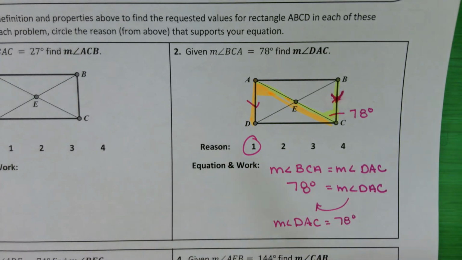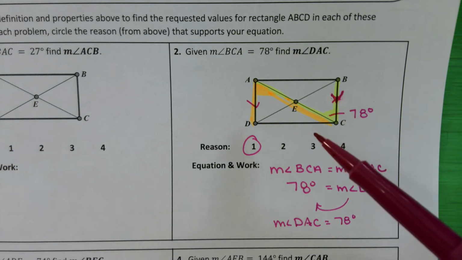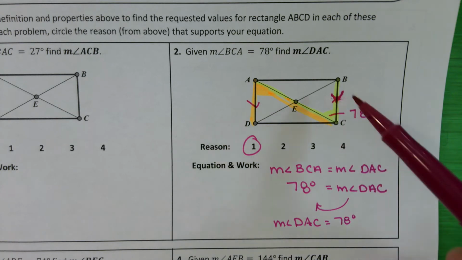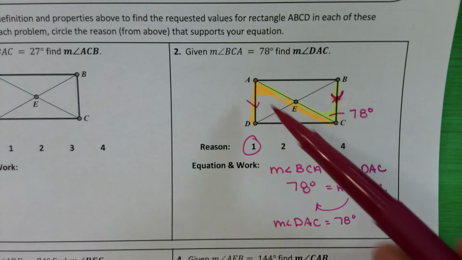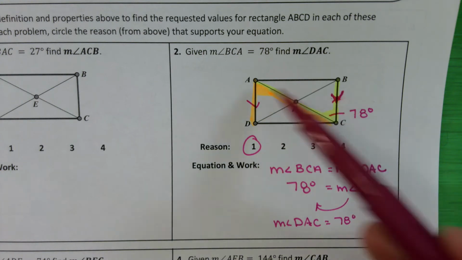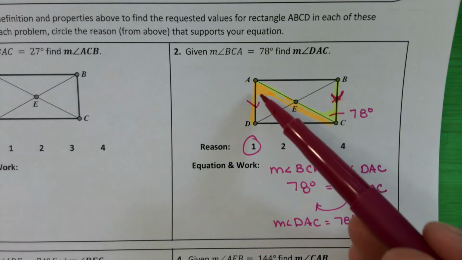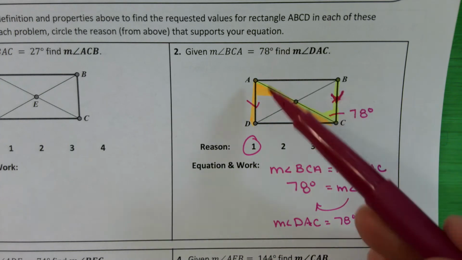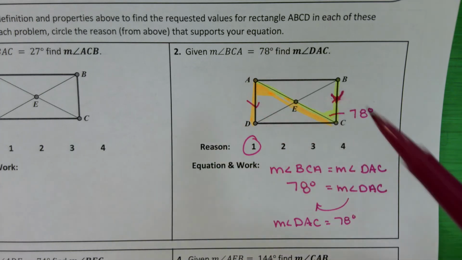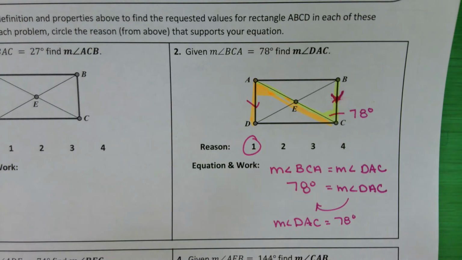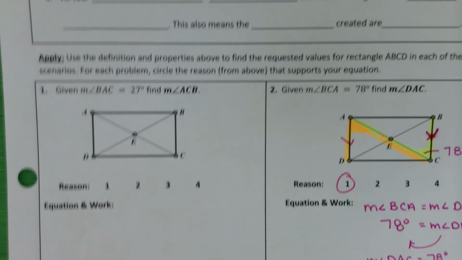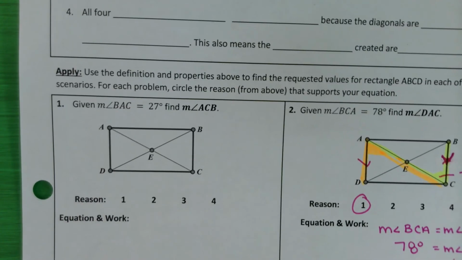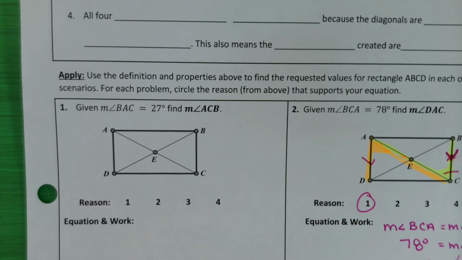That is because a rectangle is a parallelogram where opposite sides are parallel, a transversal comes through, and the alternate interior angles theorem allows us to say that the measure of angle BCA is congruent to angle DAC, so their measurements are equal. Now, going on to all four angles are congruent, we're going to talk about building that out.